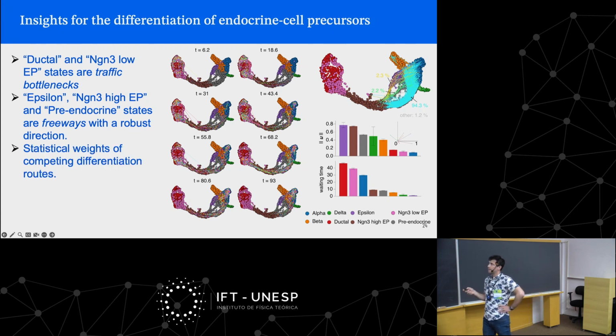This is not something you could really see from the RNA velocity and these static pictures, so I think this is a really valuable insight from this method. You can compute the statistics of these different branches, and also the kinetic rates to go from this one to the blue state using different routes.